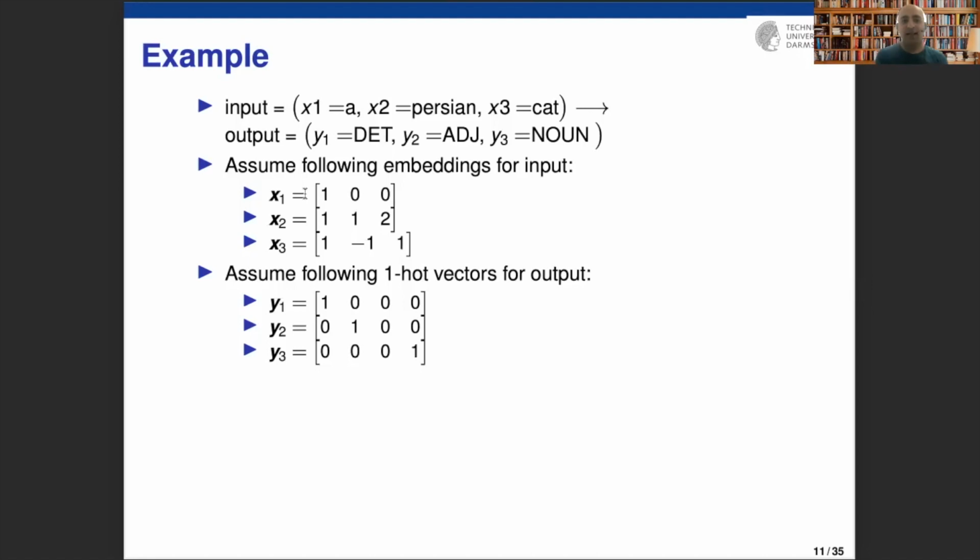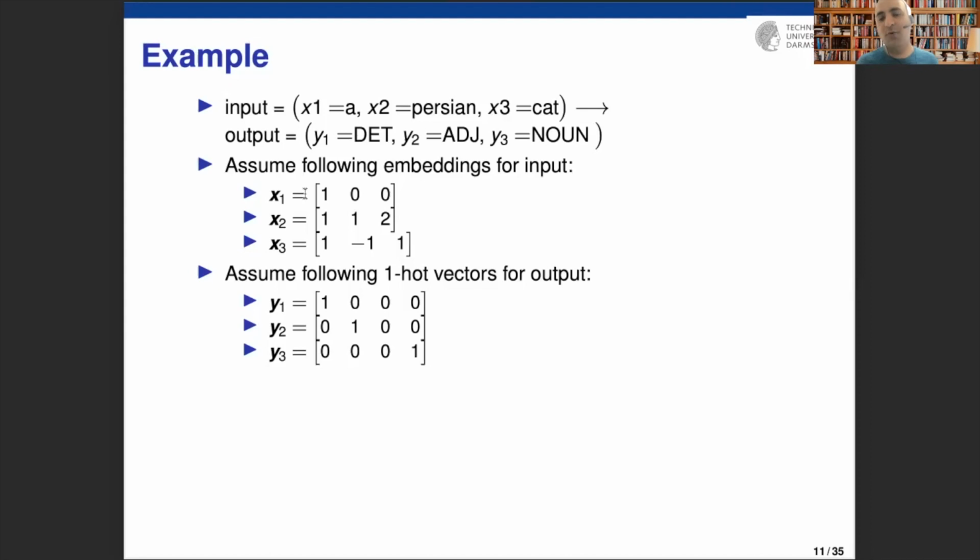Okay, so let's do it manually and check how an RNN works on our example. As the input, we have a sequence of tokens, like a phrase, "a Persian cat".